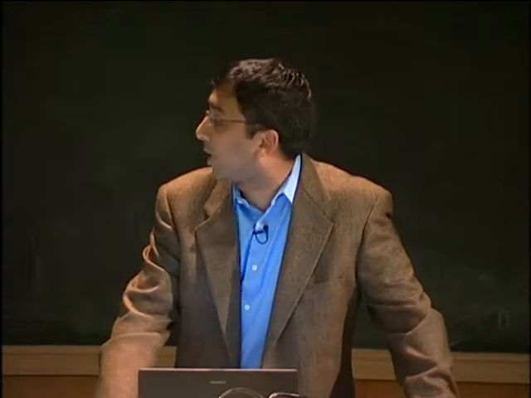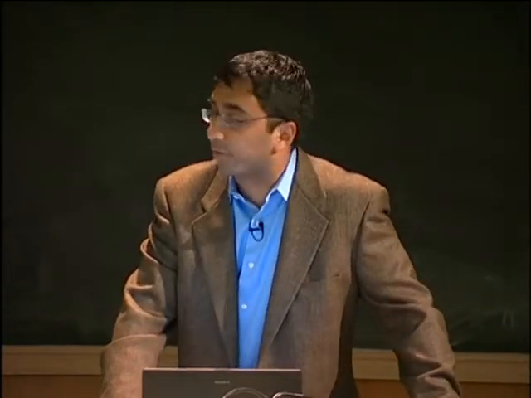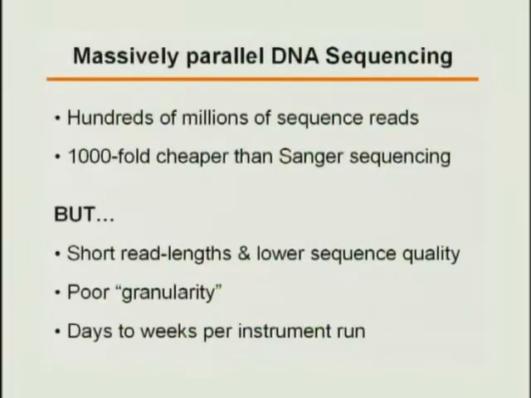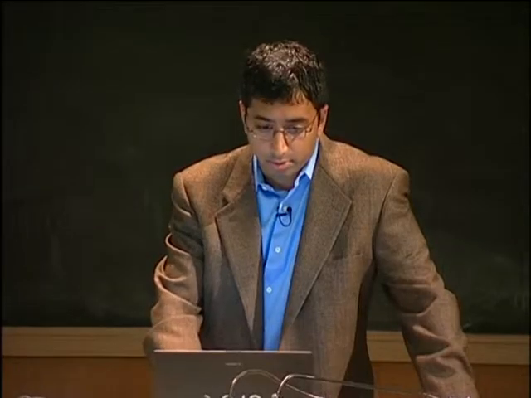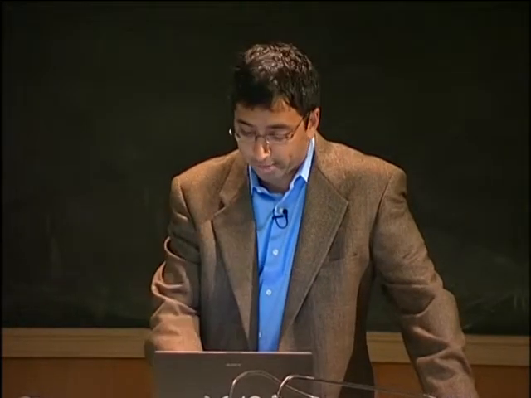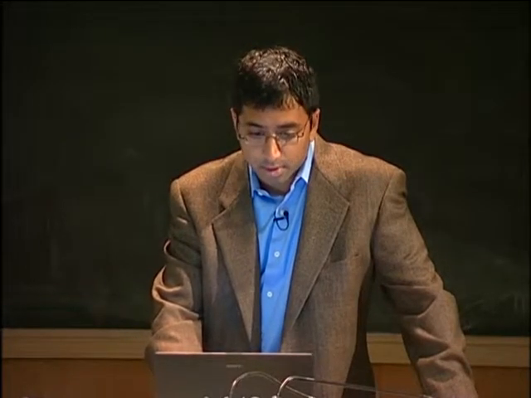As a consequence, that impacts the way in which applications are actually put into practice. And then the turnaround time can also be long, right? Running these instruments can take days to weeks before you get your data back, which has implications potentially for clinical applications.